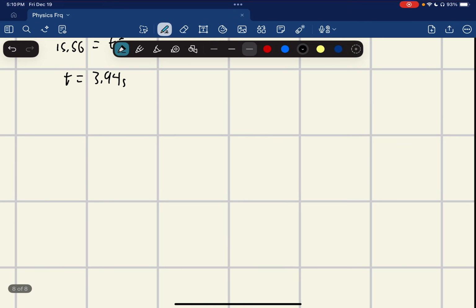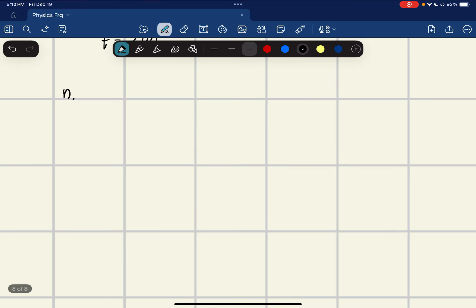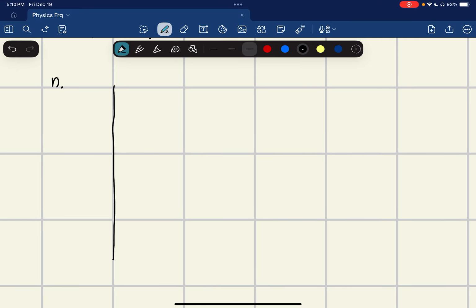Part N, the last part. It asked us to sketch a graph of position versus time, velocity versus time, speed versus time, acceleration versus time, and net force versus time, and we'll take the direction of the motion as positive. Okay, so for the position time graph, it'll be position as your y-axis and time as your x-axis, and the shape of the graph would be like this.